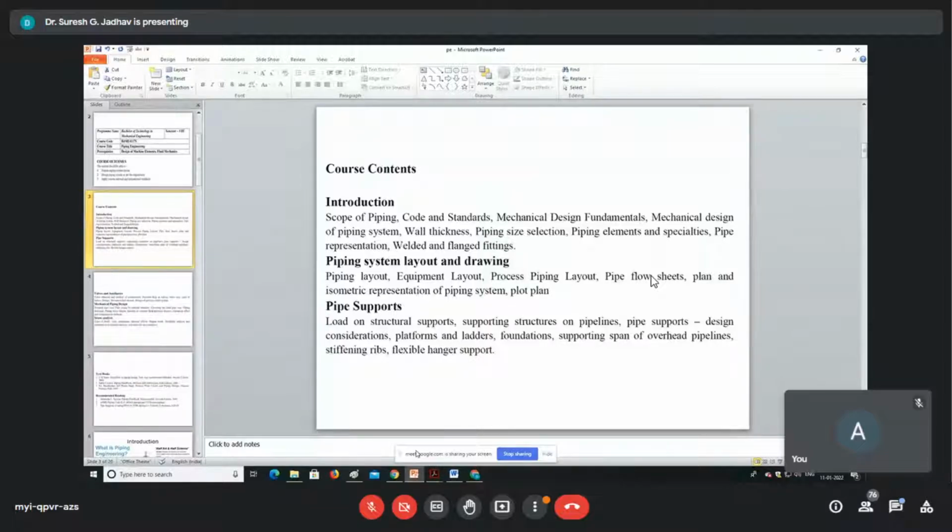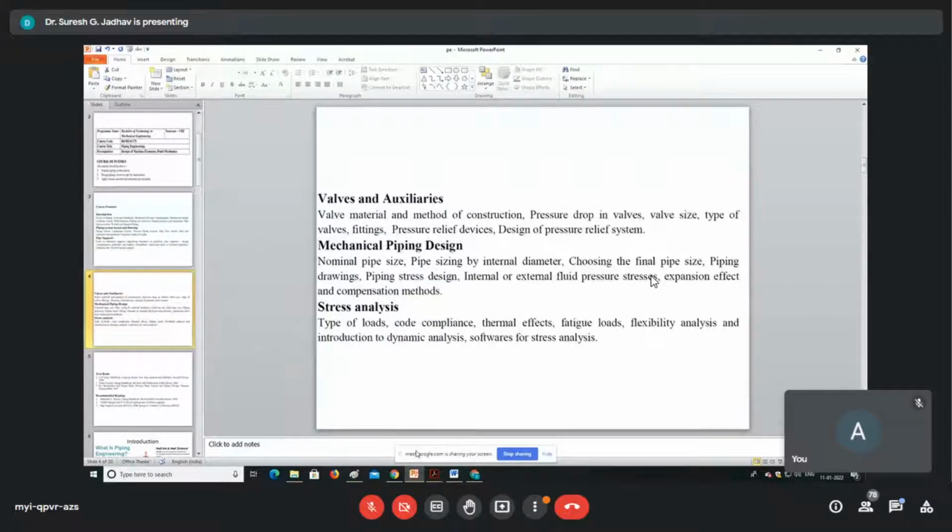In pipe supports, we study load-bearing structural supports, supporting structures on pipelines, and pipe supports. Here we'll see design considerations, platforms and ladders. Next are foundations, supporting span of overhead pipelines, stiffening ribs and flexible hanger supports. That kind of support is studied in pipe supports.